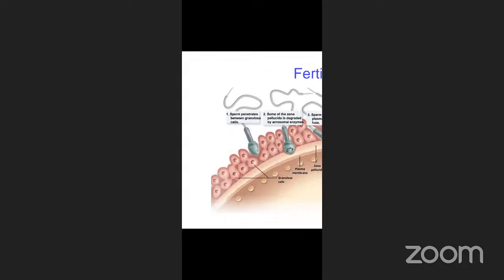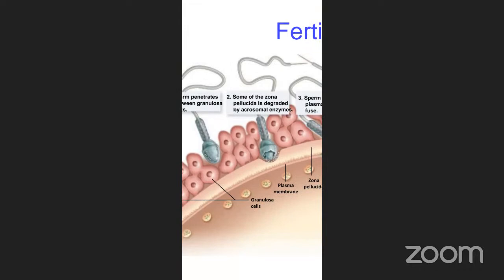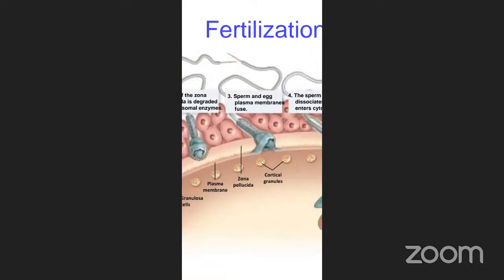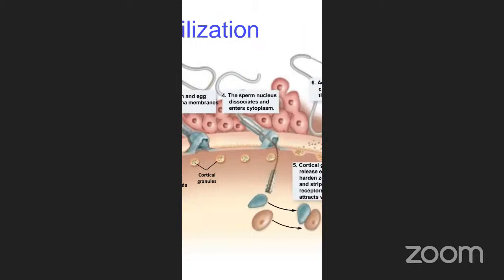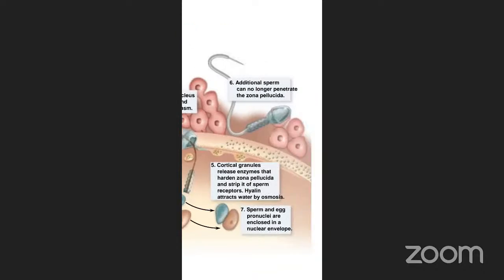The sperm first penetrates through the granulosa cells and into the zona pellucida, where the acrosomal enzymes, you can see small white dots here, digest the membrane of the zona pellucida and release the genetic material into the cytoplasm. Once the sperm releases its genetic material into the cytoplasm, the other part of the zona pellucida is thickened by the enzymes released from the cortical granules.